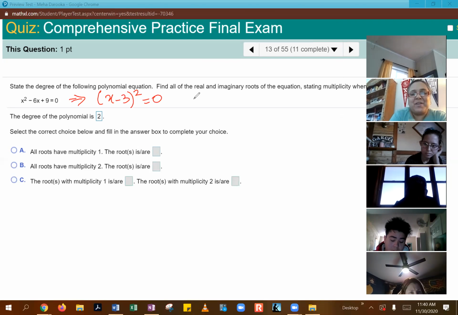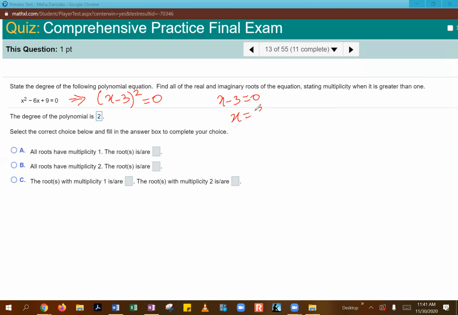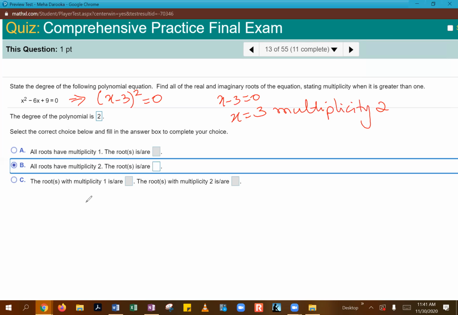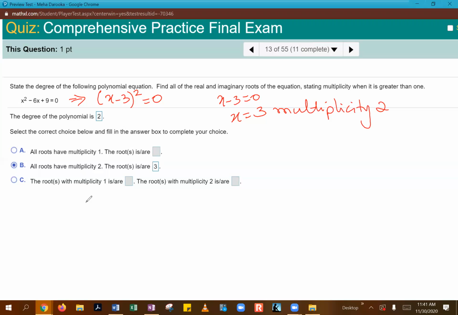Very nice, because when you take that x minus 3, set it equal to 0, you would have x equals 3. But since this is raised to the second power, we would say this has multiplicity 2, which means you would go with option B, which says all roots have multiplicity 2, and you would say the roots are, I guess you just put positive 3 because it doesn't look like they're giving us any instructions on how to put the answer in.